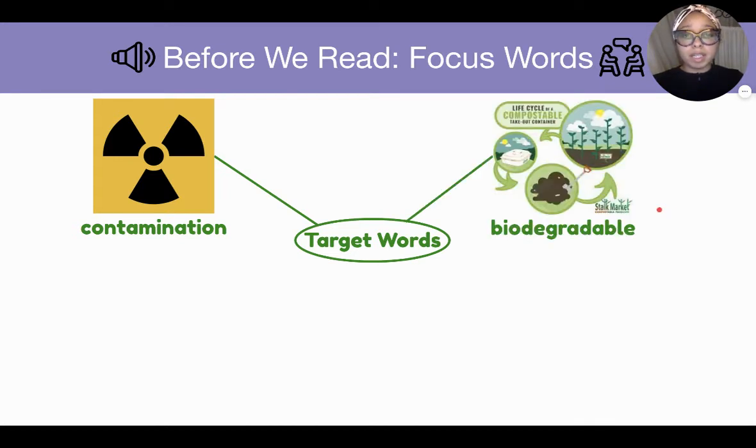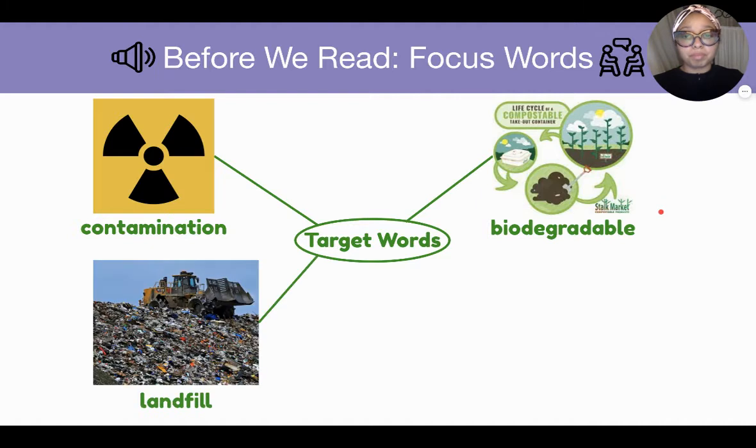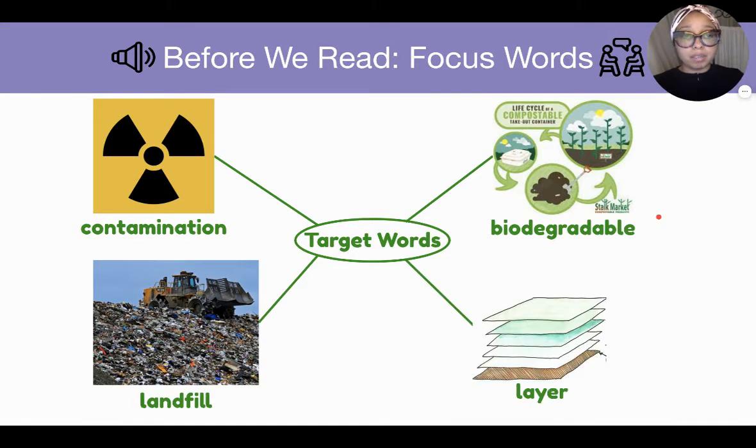This is when a substance can be put into the ground and then eventually broken down and become nutrients for the plants or anything growing in that soil. Landfill. This is a place where waste is buried under the earth. And layer. This is when you have several parts that go on top of each other.